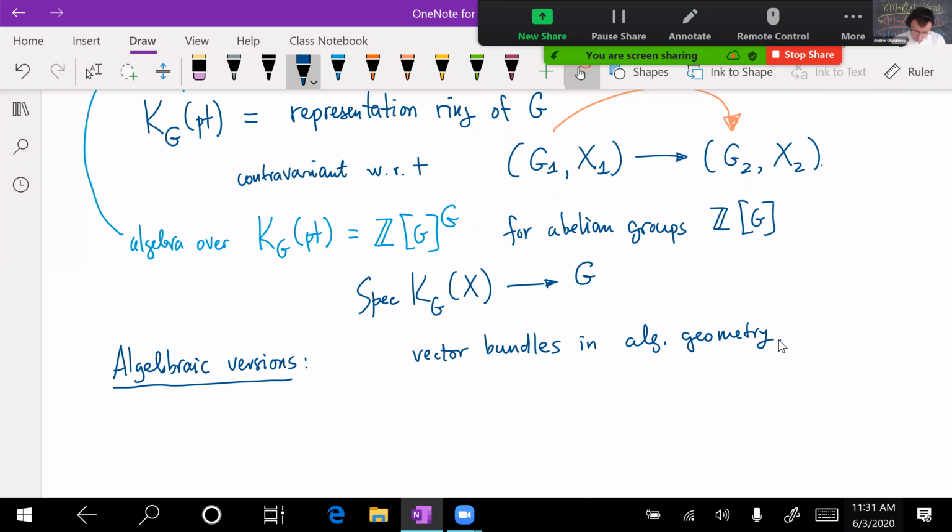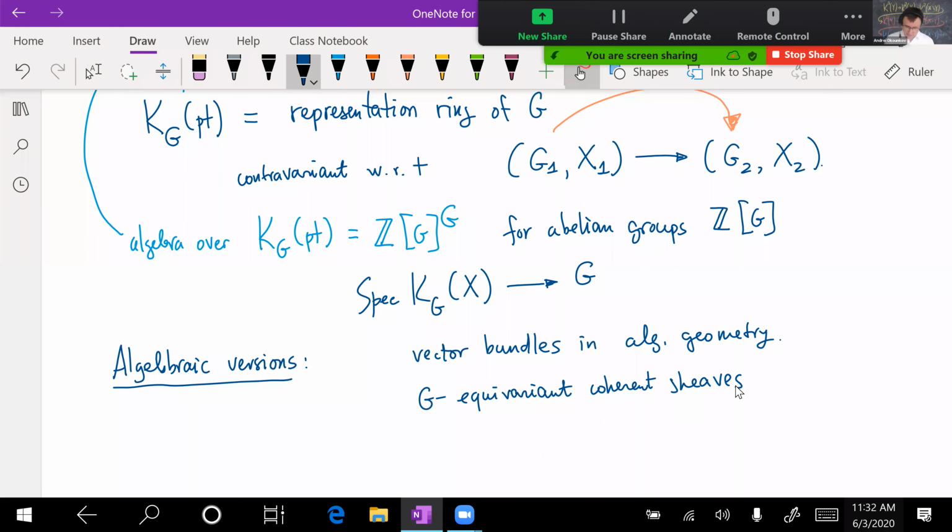That's one option, but actually a better option, since in algebraic geometry there's a more flexible object: we can consider G-equivariant coherent sheaves.